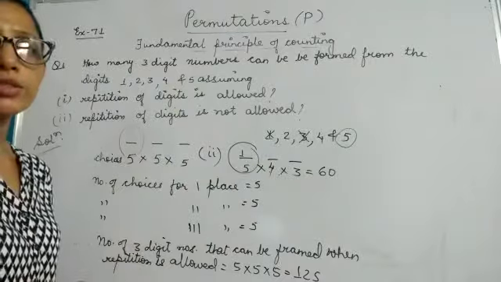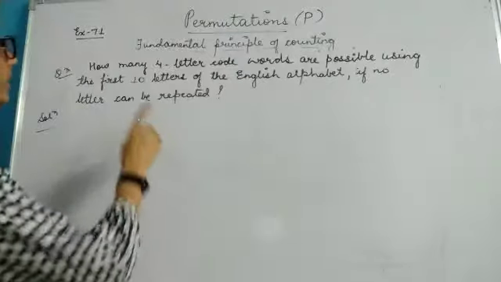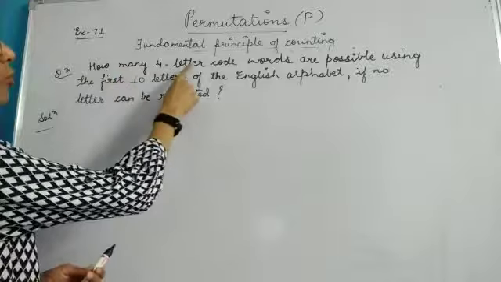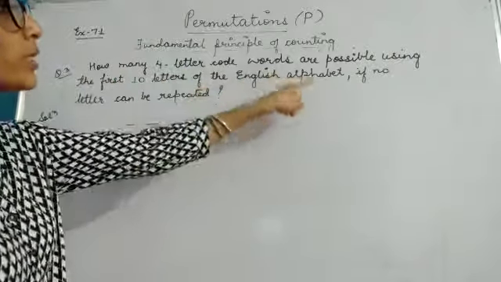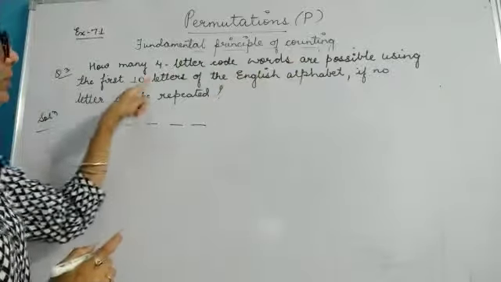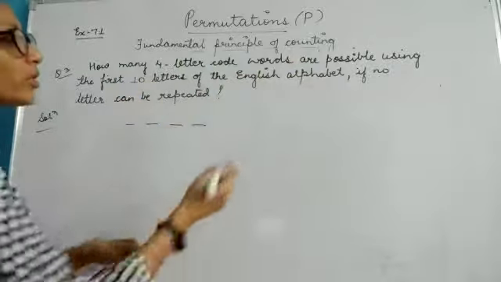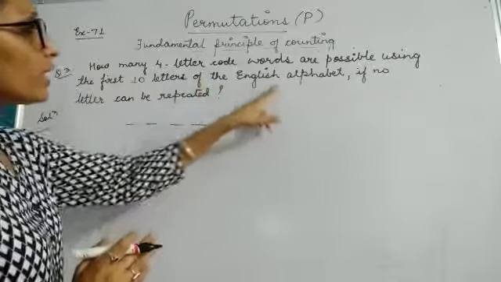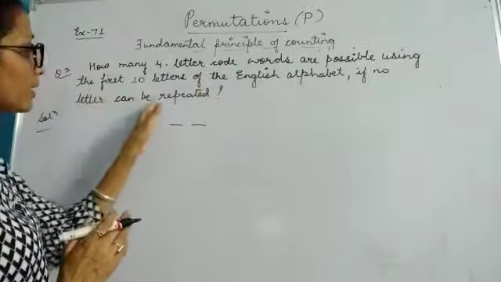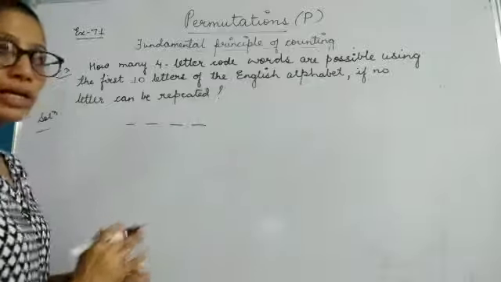Let's see another question. Here you are given: how many 4-letter code words are possible using the first 10 letters? That means you can use the first 10 alphabets of the English alphabet if no letter can be repeated. So again what you have to do?